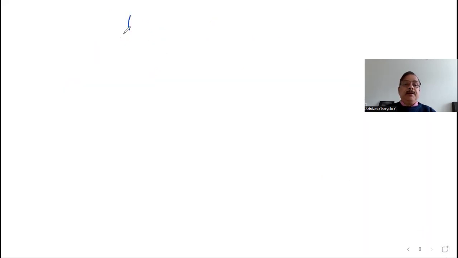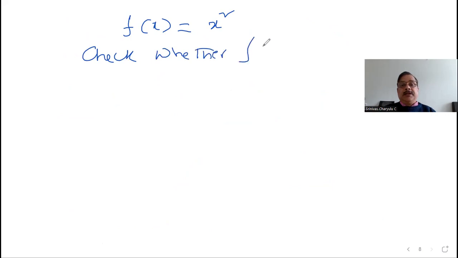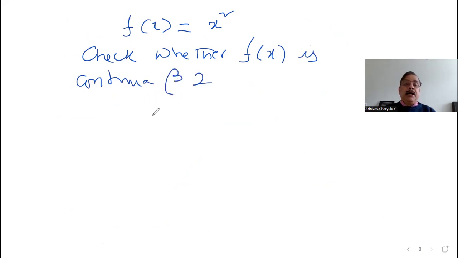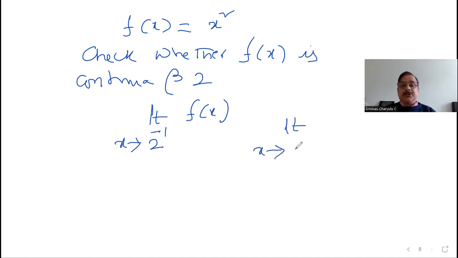So now I must know what I am asked to do by seeing the sum. Suppose they gave me f of x is equal to x square. They said check whether the function f of x is continuous at 2. So what I will do, I will find limit x tends to 2 minus f of x, and I will also evaluate limit x tends to 2 plus f of x.